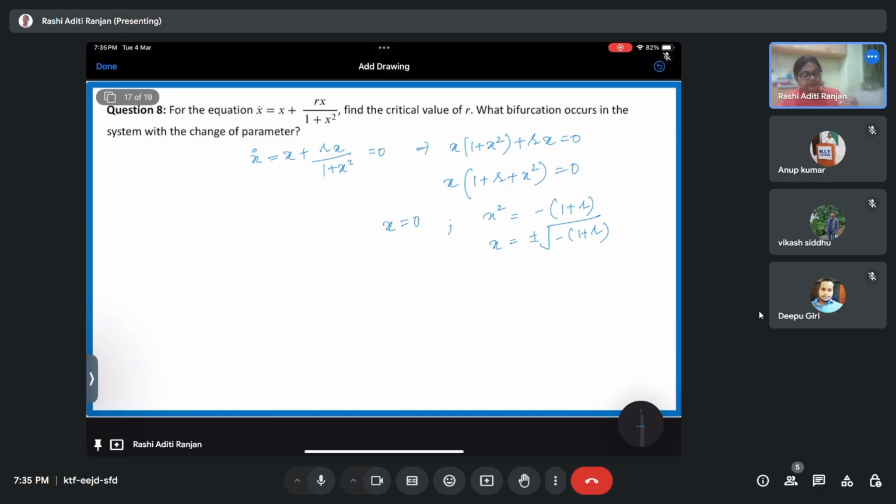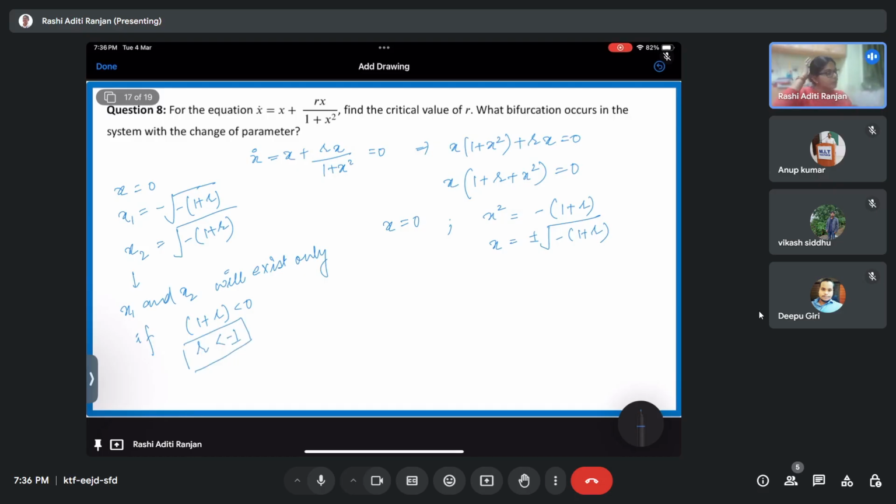First, we'll write the fixed points. These are the fixed points, and we'll write that x2 and x3 will exist only if 1 plus r is less than 0, or r is less than -1.